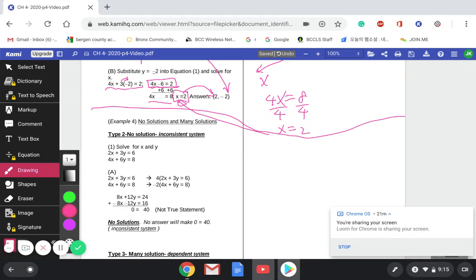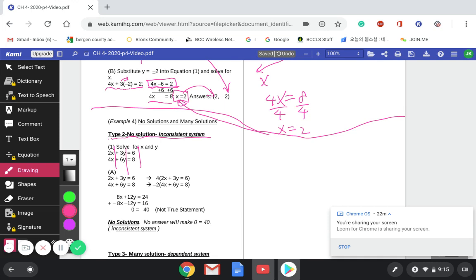How about type 2, no solution, inconsistent system? They look like case 1, or type 1, sorry. But when you solve this, for whatever the format they have, this one, I'm going to try to get rid of x.